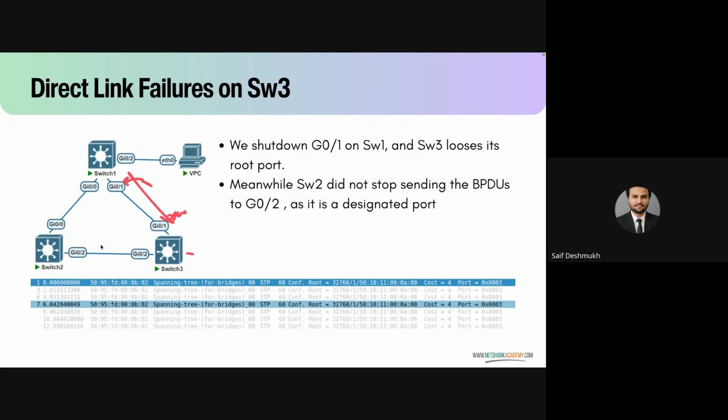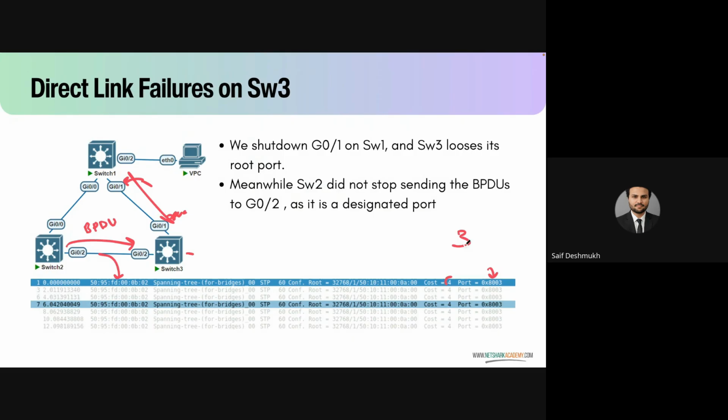Meanwhile, at the same time, switch 2 was sending its own version of BPDU. This is the packet capture here. Every 2 seconds it was sending with a cost of 4. Look at the port ID, 8803.